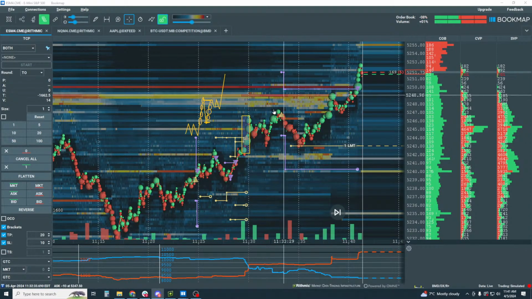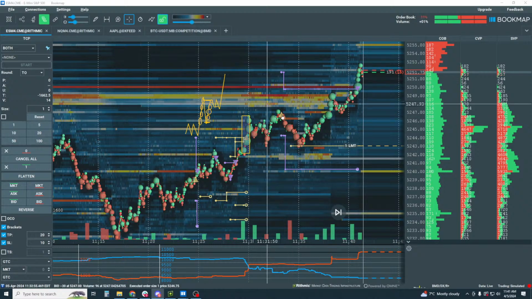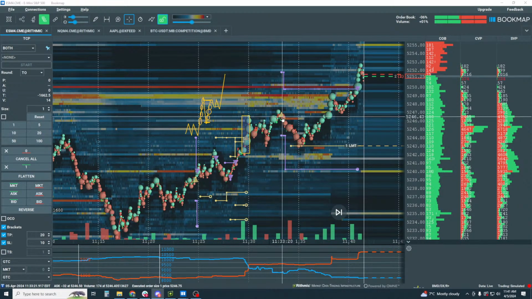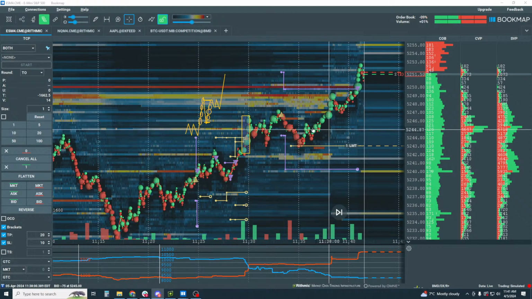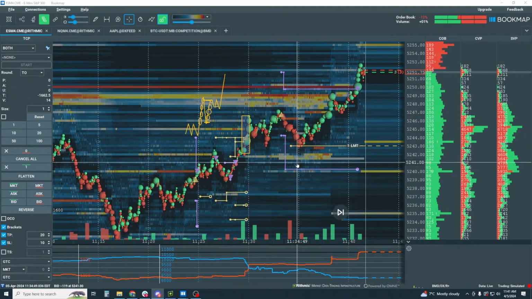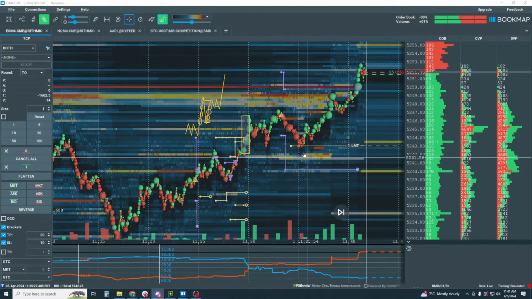We've gone over many different ways of scaling in and scaling out, for example. What was the mental state? Why we did what we did? Look at this horrible entry up here. But we said it's for half a position, and this is our next half down here, and it hit it.